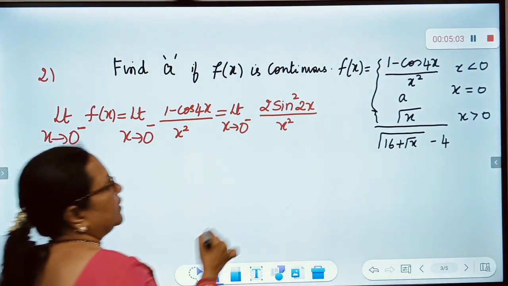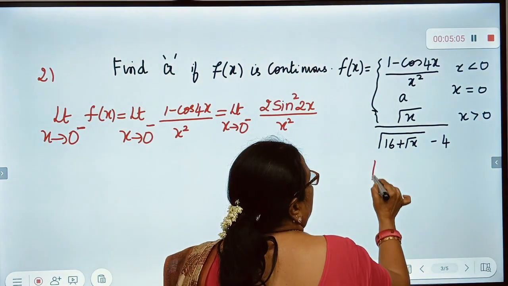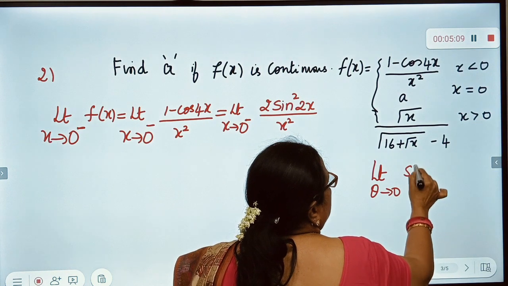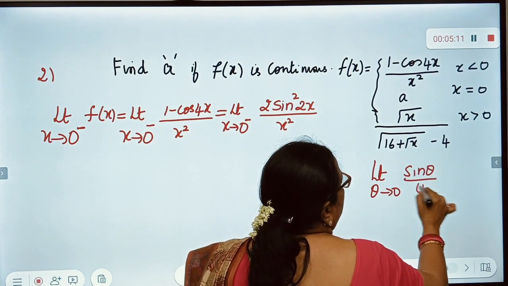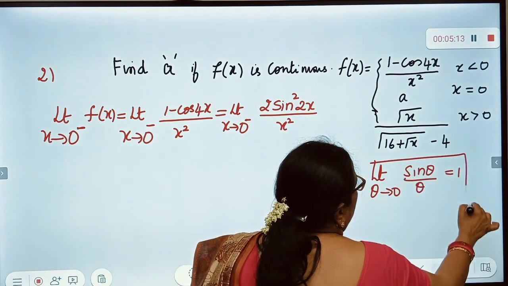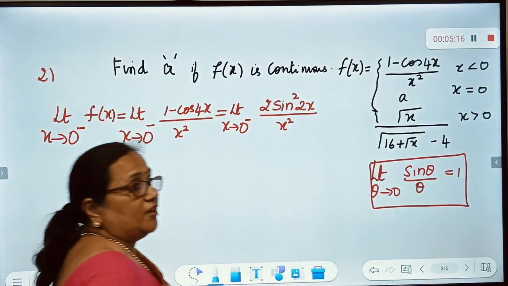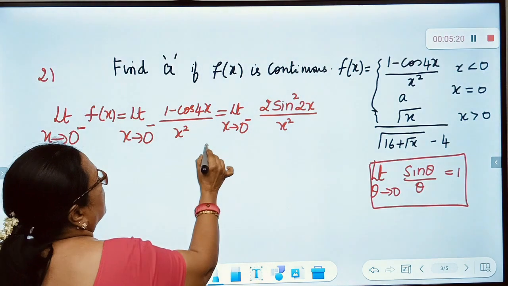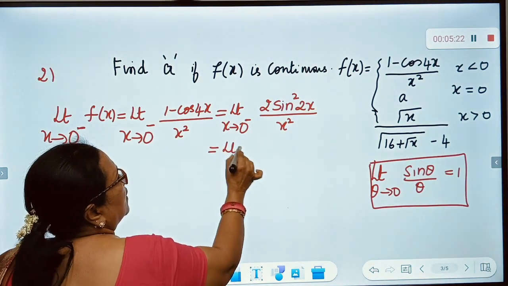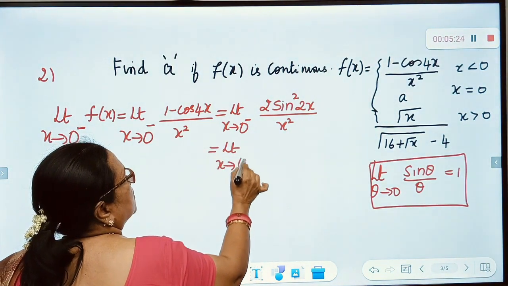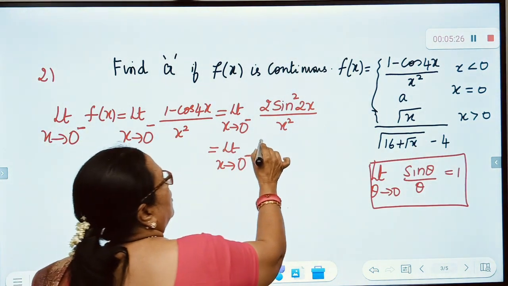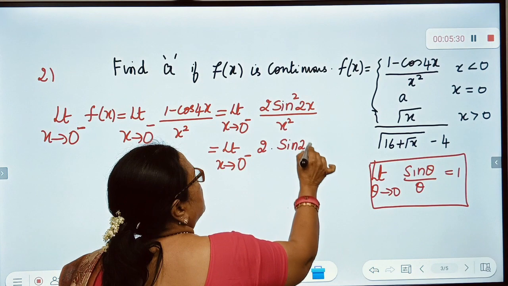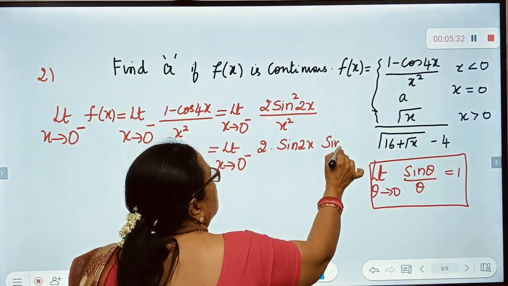You know that limit theta tends to 0, sine theta by theta equal to 1. Property of limits you're already familiar with. So this will be limit x tends to 0 minus of 2 into sine square 2x, which is sine 2x into sine 2x.